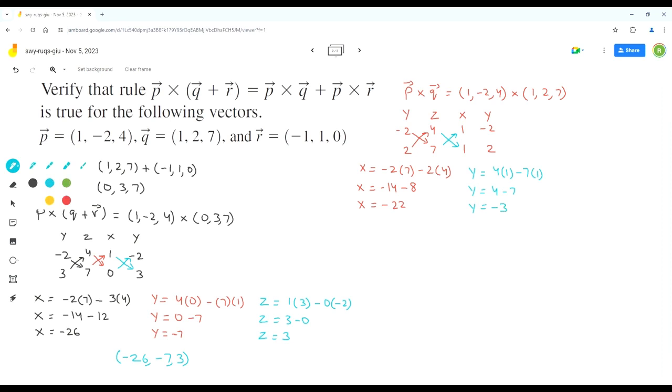Now we can find the z component for the cross product vector. So the cross product of P and Q is vector.